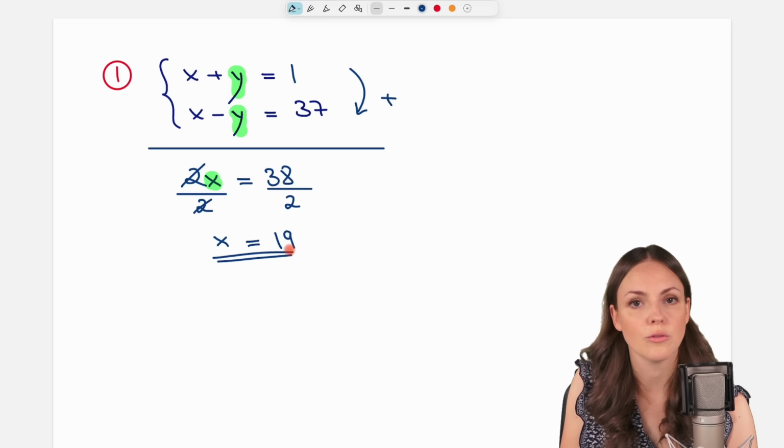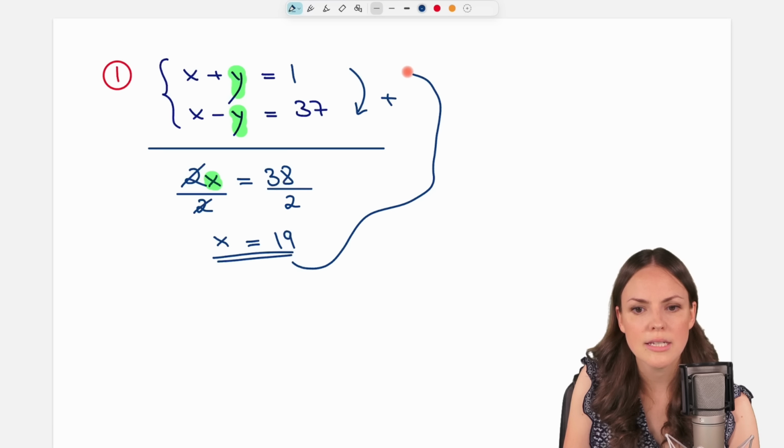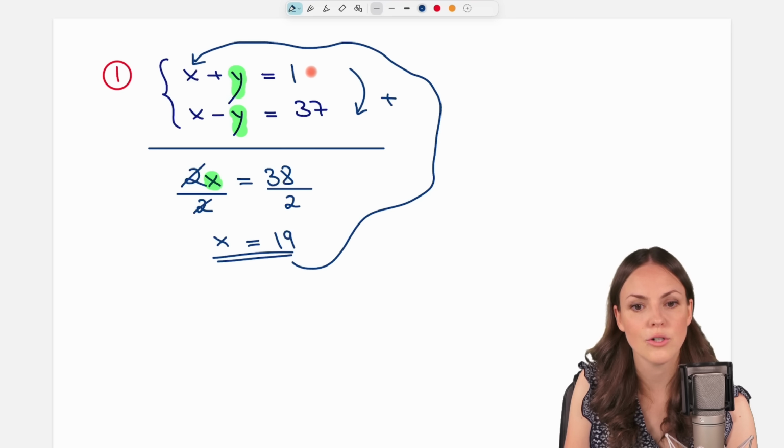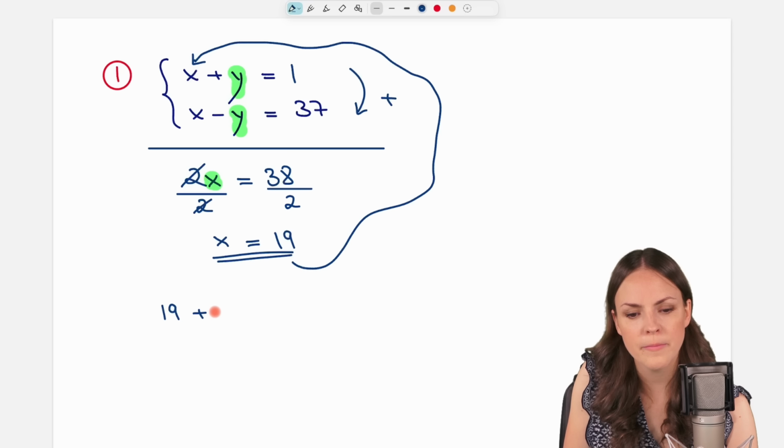We found a solution for our x. And to find y, we can take our x and insert it here in the first equation, so that instead of the x, we can write the 19 now plus y, and this is equal to 1.